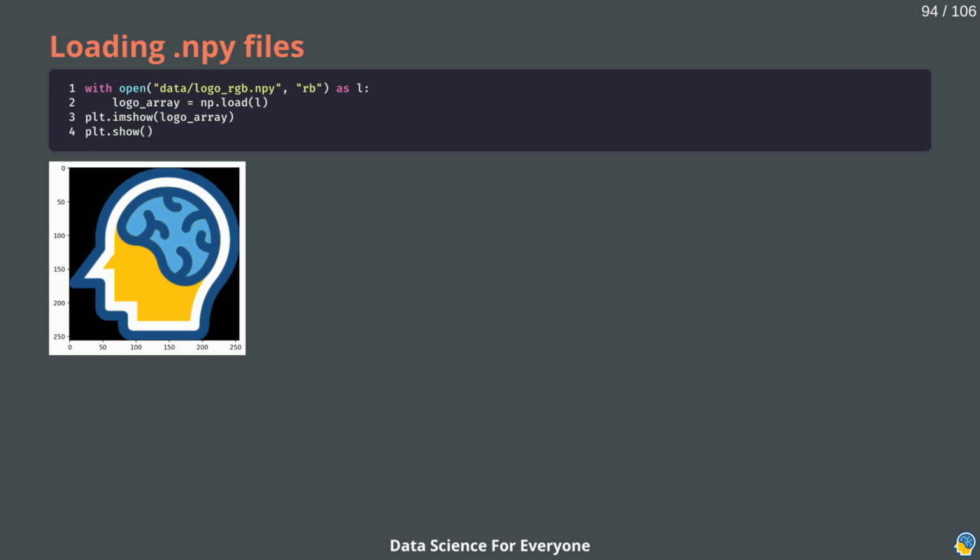We'll open a file named logo_rgb.npy and load it with np.load. The link to the logo file is in the description below. The result is stored in a variable called logo_array, and we'll use plt.imshow followed by plt.show to display it.